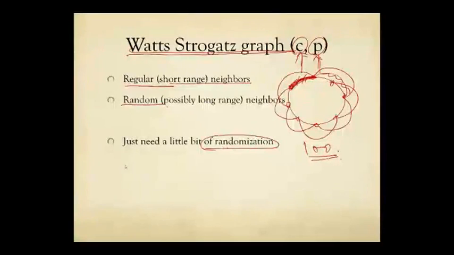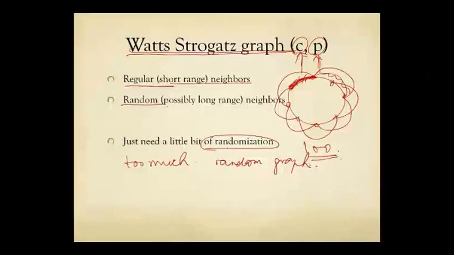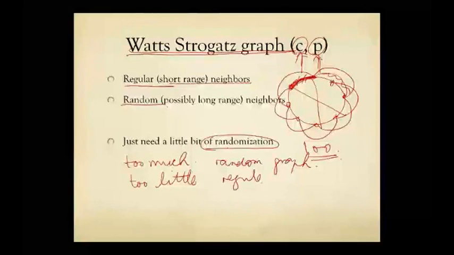Now we know that if there's too much randomization, then it's going to look like a random graph, and therefore it will not have a large clustering coefficient. But if there's too little randomization, the number of long-range links will be so small that the graph will be close to a regular ring graph.